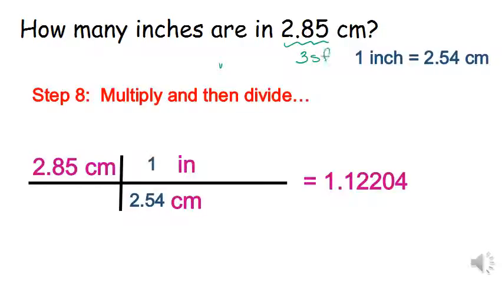There's 3 sig figs. So our answer should also have 3 sig figs. Recall, conversion units are exact numbers and we do not use them when dealing with significant figures. So we want to round this number to 3 sig figs, and I only care about those first 3.